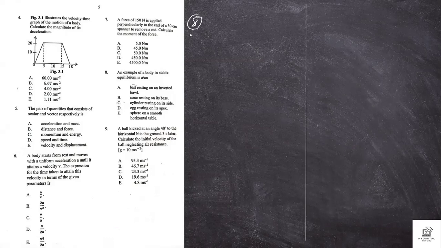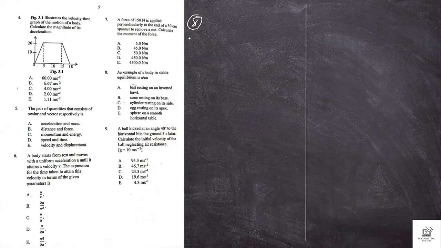So question 8 says, an example of a body in a stable equilibrium is, so a body is said to be in a stable equilibrium when slightly displaced and it returns to its original position. So you can say the body is in a stable equilibrium. So let's look at the options here.